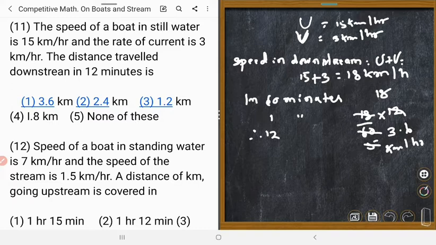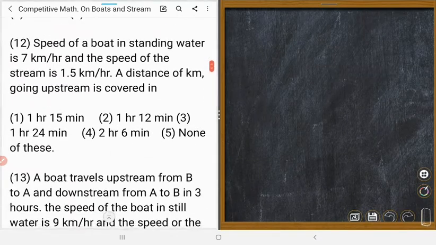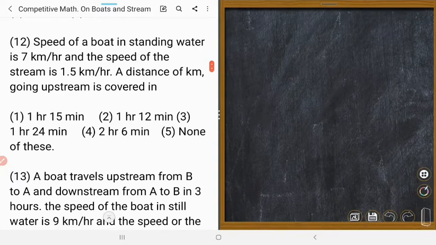Now let's move to question number 12. Right? Speed of a boat in still water is 7 km per hour, and the speed of the stream is 1.5 km per hour.